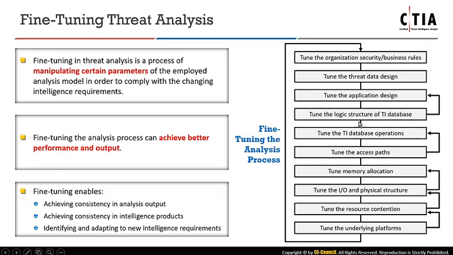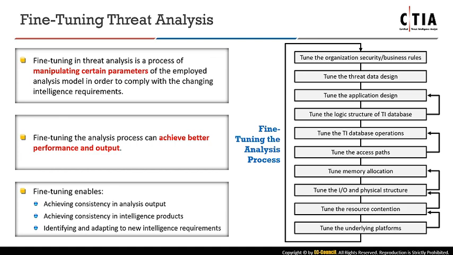Moving down, we see we tune the TI database operations and tune the access paths. And so once we tune our access paths, then we need to go back and review our operations. So we see a loop there also. We next need to tune memory allocation, and then we need to tune I/O and physical infrastructure. When we tune I/O and physical infrastructure, again, that leads back into memory allocation.